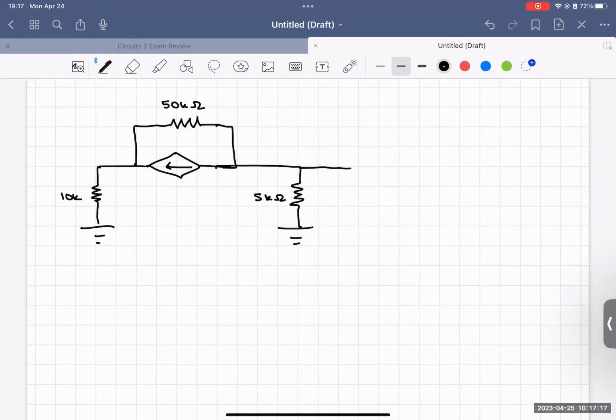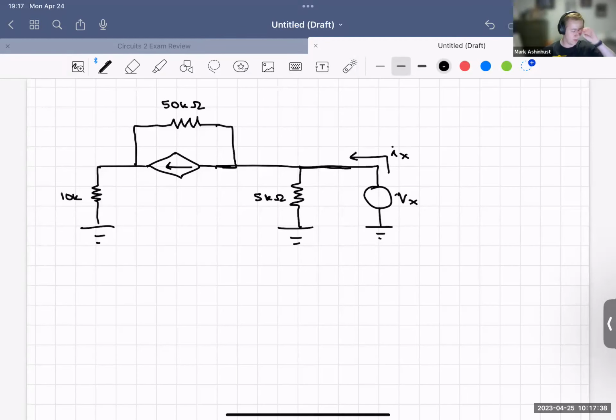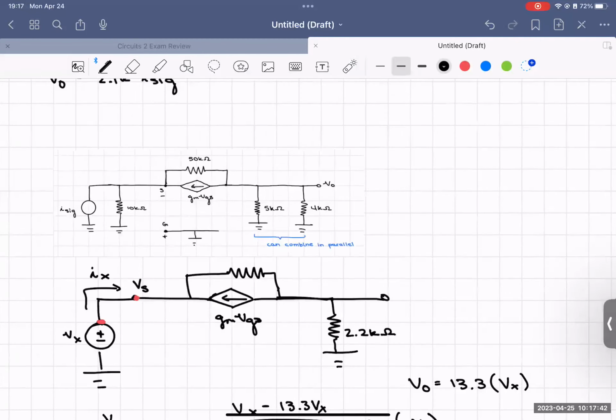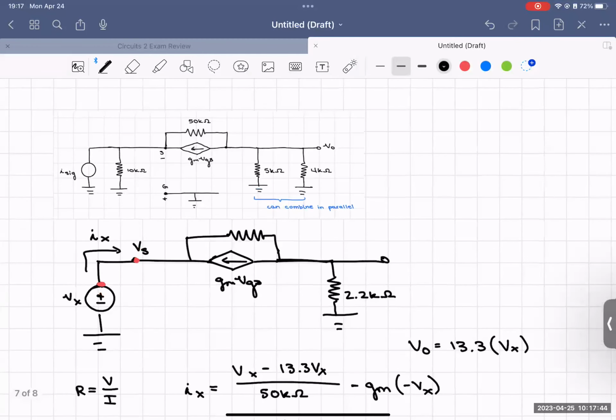Sorry, I have a quick question. When we're doing the Rin and Rout circuits, for the Rin you kept the 5K in the circuit, but it's supposed to be taken out, right? Yeah, leave it in, it's just easier on the eyes because you won't touch it at all. Basically, you just don't add it.